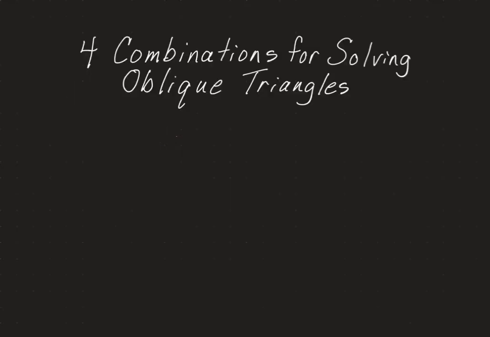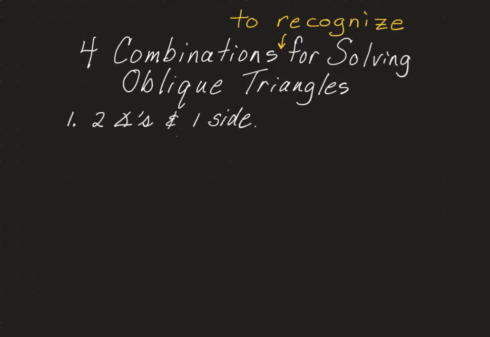From our discussions in the previous lesson, you should remember that there are four combinations, or four types of triangles, that you need to recognize if you're going to solve an oblique triangle. You may have two angles and one side, which could be angle, angle, side as you go around the triangle, or it could be angle, side, angle as you go around the triangle.